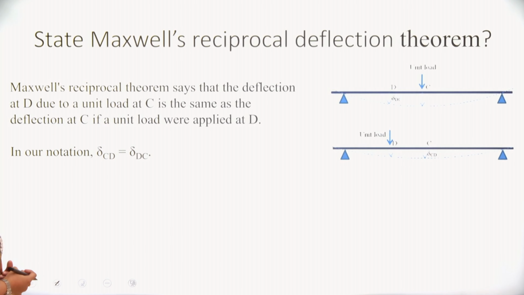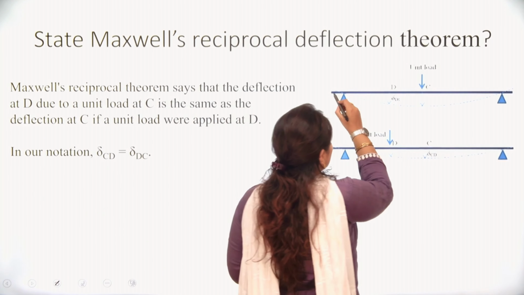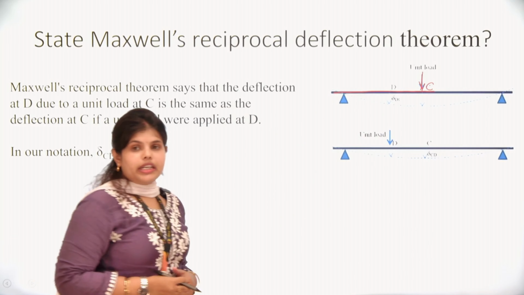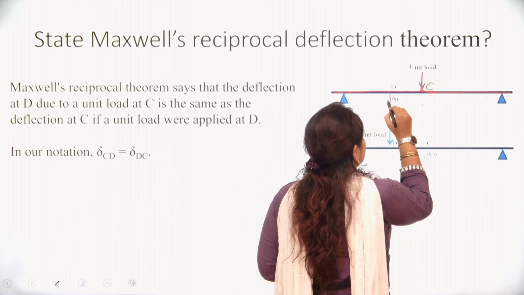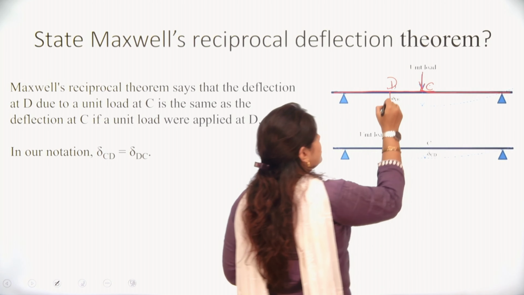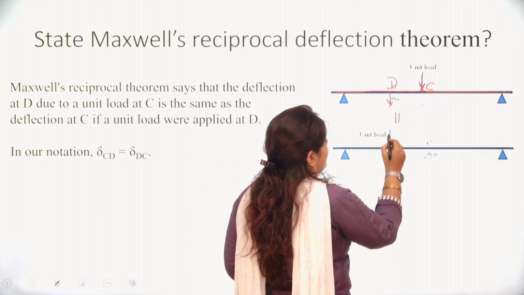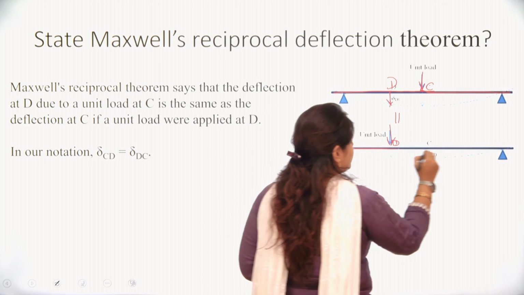So Maxwell states that when we have a beam and we have a point load at C, the deflection at any point in the member, or you can say at D, will be equal to the deflection at point C when another point load occurs at any other point.